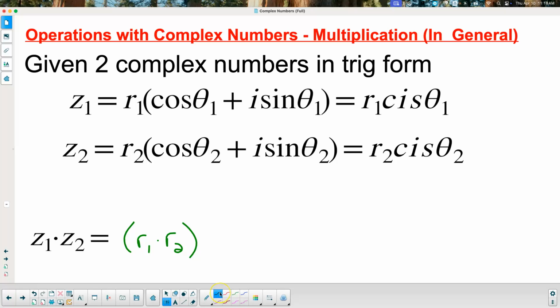Then we add the theta, the directions, the theta values.